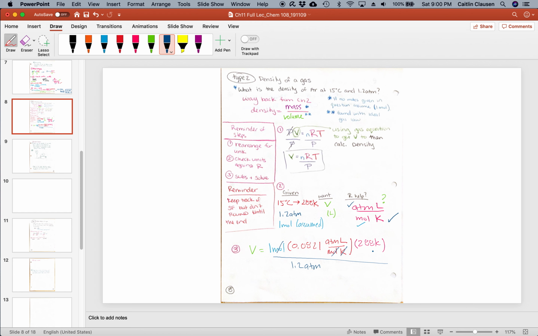Moles cancel, Kelvins cancel, atm cancel, and I get, after the calculation, 2.027 grams per liter. Oh, getting ahead of myself.